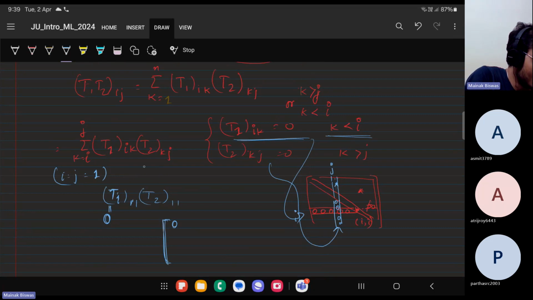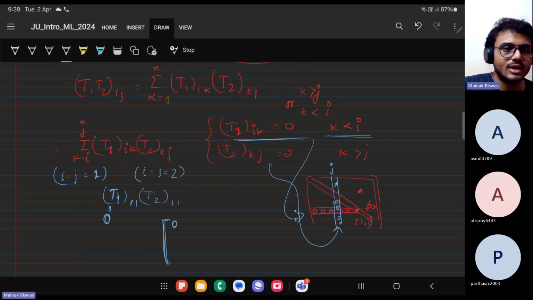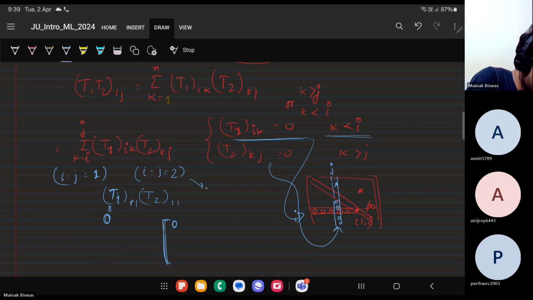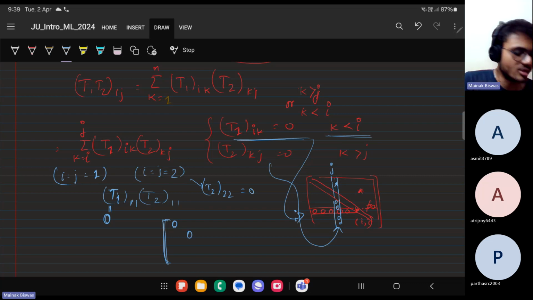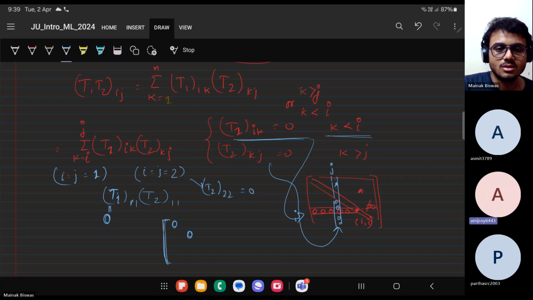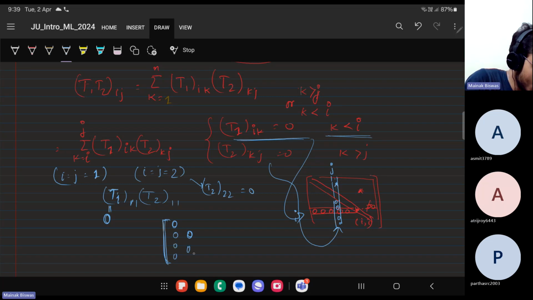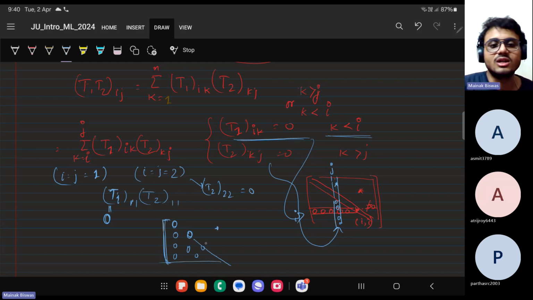Similarly, if i equal to j equal to 2, then T2 2 comma 2 is 0. So this column also becomes 0, yes or no? Yes. This element also becomes 0, and the lower diagonal anyway is 0. So do you see that every operation you are going to get a 0 extra, and at the end of the day you will get a diagonal full of zeros.